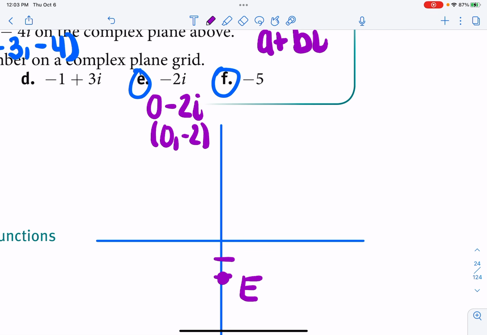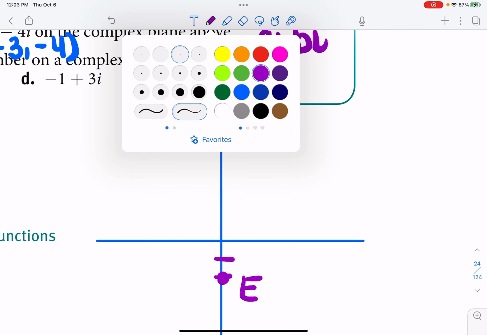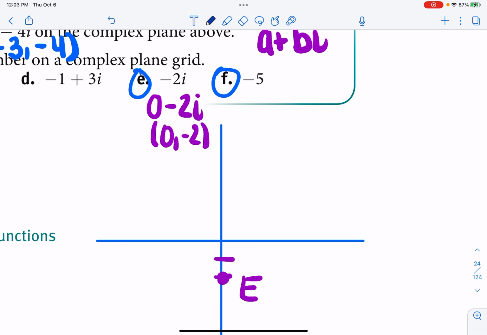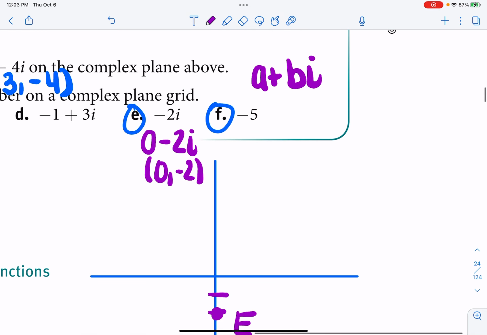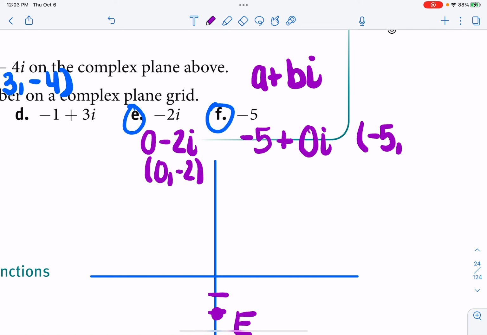Let's go the other way around. So negative 5. Negative 5, you don't have an i value, okay? So you want to write it as negative 5 plus, if I have no i value, I have nothing. What number represents nothing? 0i. So this would be the point negative 5, comma 0. 1, 2, 3, 4, 5 left, and that would be F, okay?